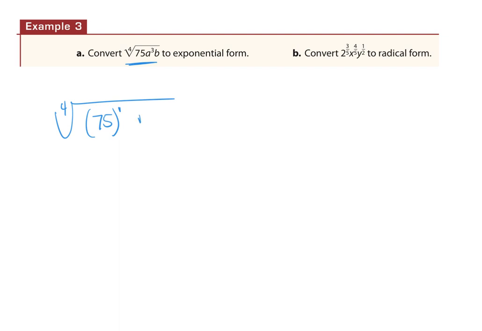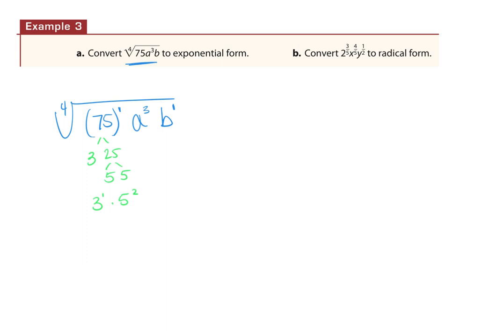The root of A, and that is to the 3rd power, and the root of B, which is to the 1st power. So they're not all going to have the same fractions here. You could take this even further if they wanted it in primes. If they wanted this in primes, then you actually have 3 to the 1st power and 5 to the 2nd power, if I were to break down 75. Does that make sense?